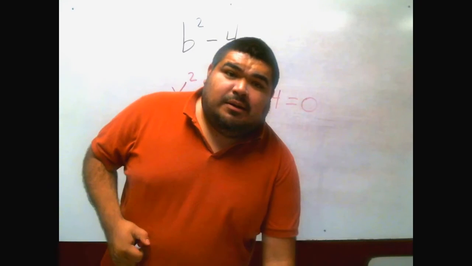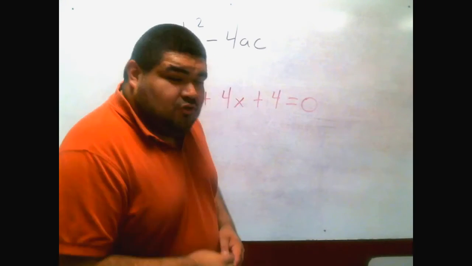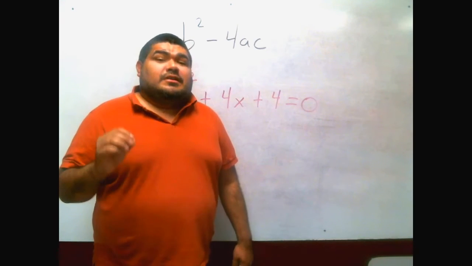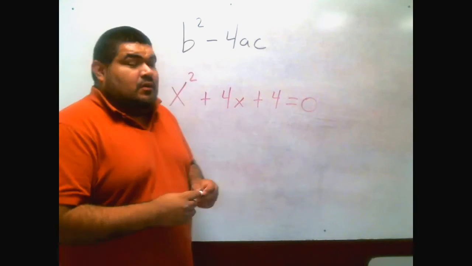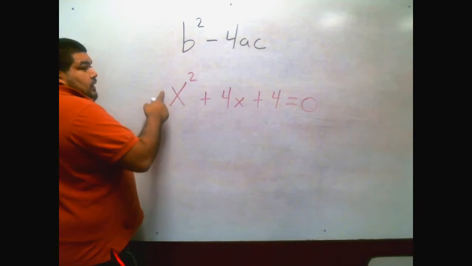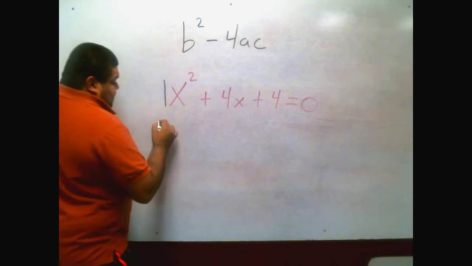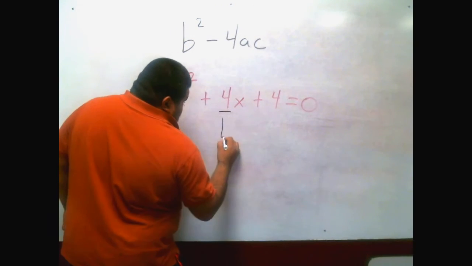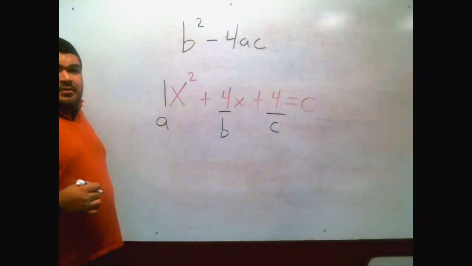That's the example for today. Always, guys, it makes it a lot easier to label your equations. There's an imaginary 1 here, which is A. The 4 is B, and then the other 4 is C.